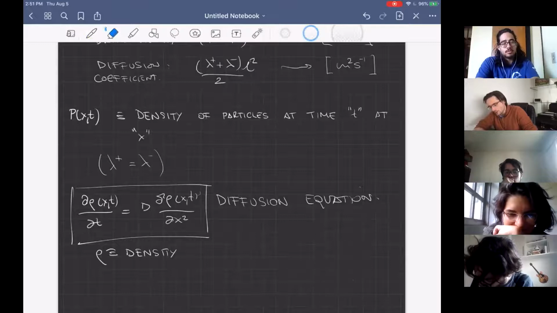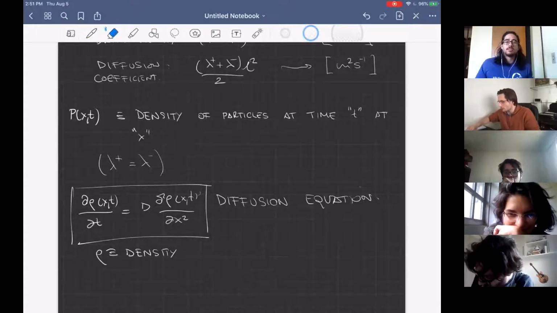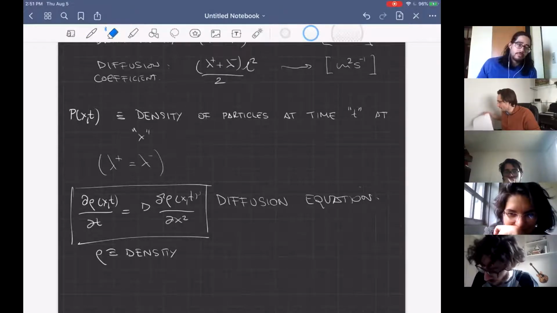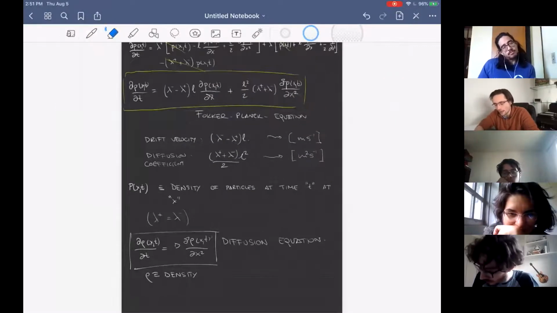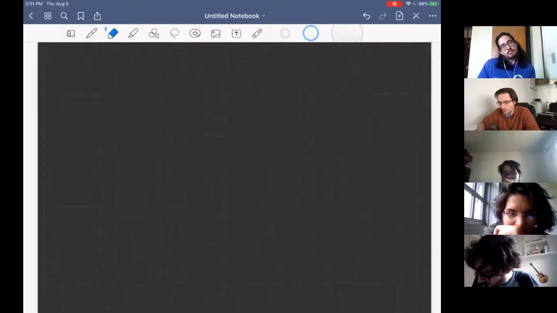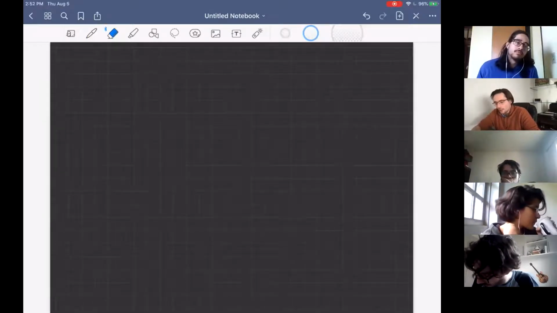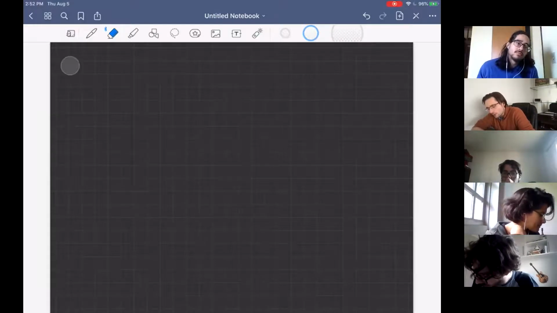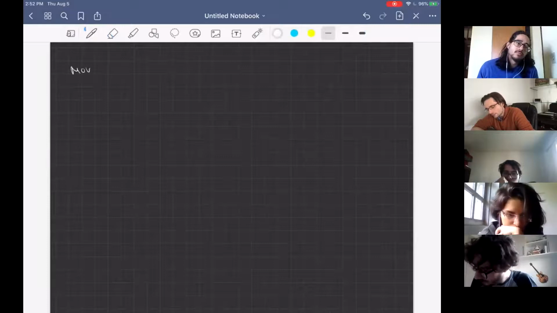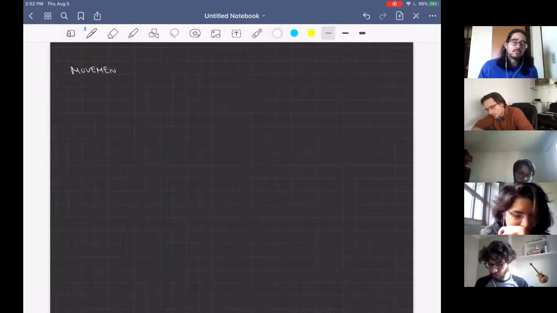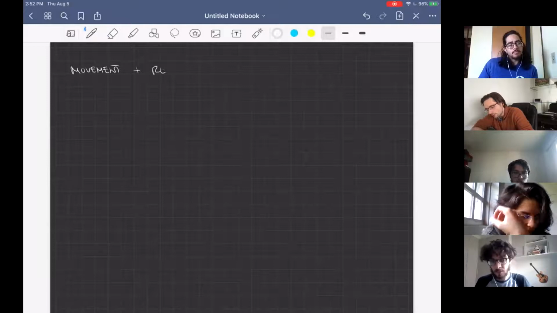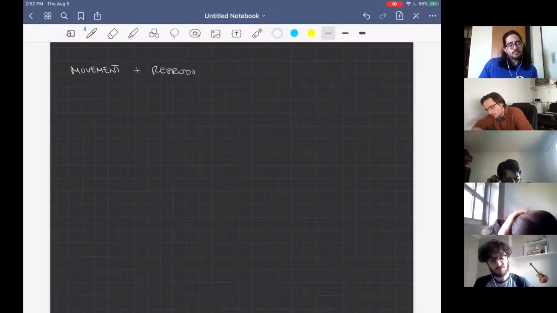Anyway, with this equation, in principle, I get some description of how my individuals are going to spread in space if they move randomly. But in the more general case that we want to study, usually we will have movement, and we will also have reproduction.